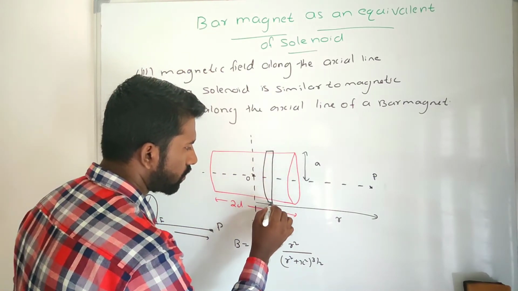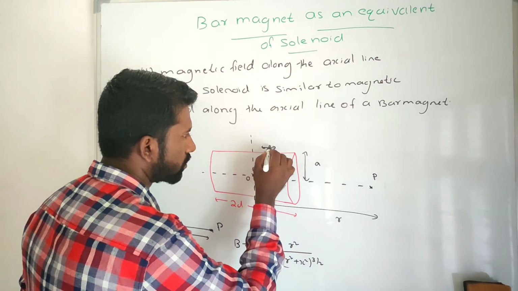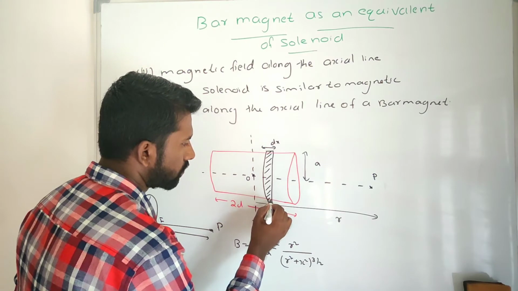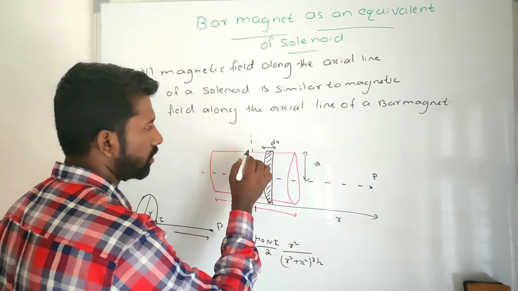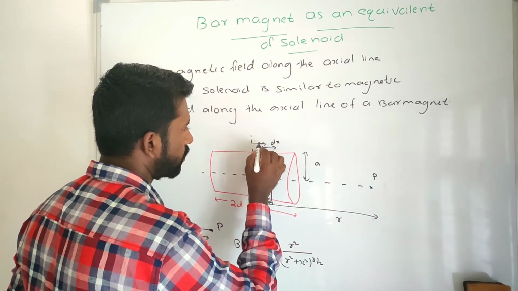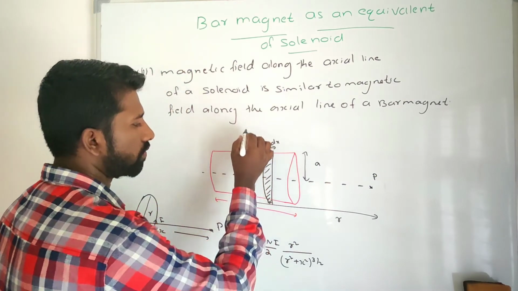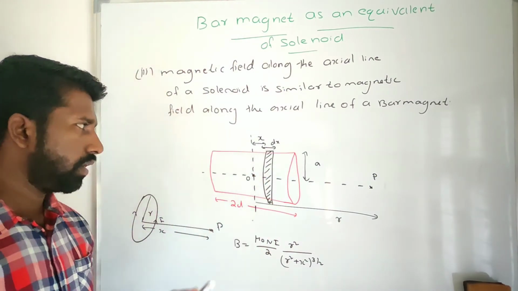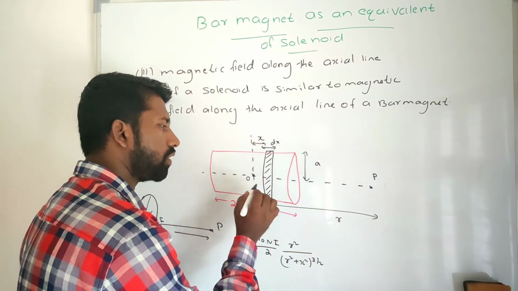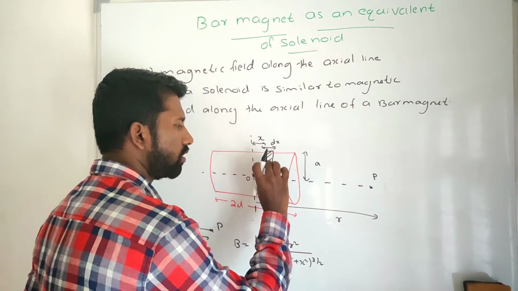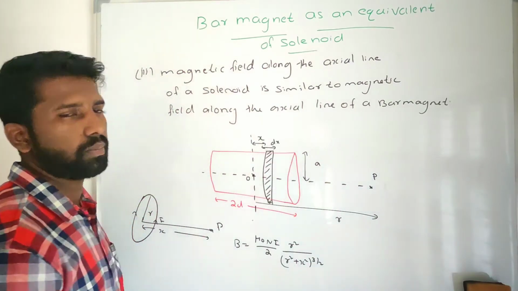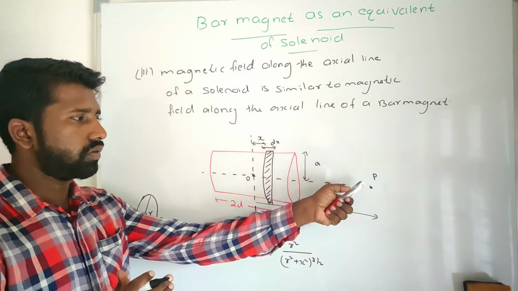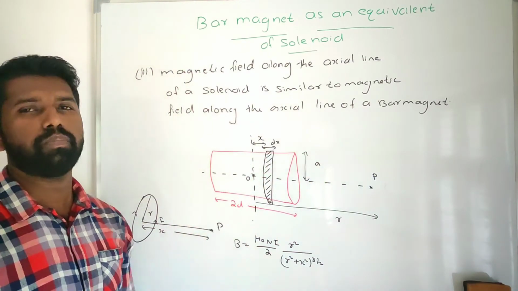The thickness of this portion is dx, and this dx portion is x distance from the center of the solenoid. First of all, I am going to find the magnetic field produced by this dx portion at the point P. Then I will integrate it, and then I will get the total magnetic field at the point P.